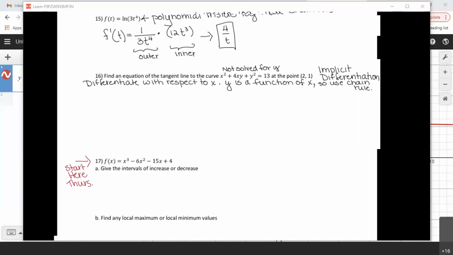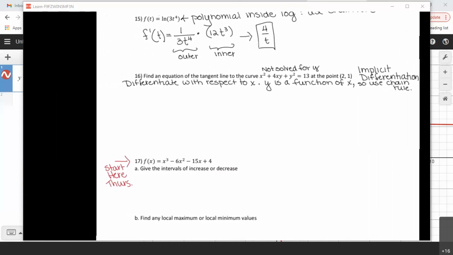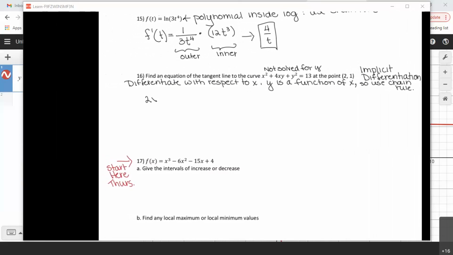All right, let's get started. If I take the derivative of x squared, that's just 2x. That's easy. If I differentiate 4xy, this is a product.